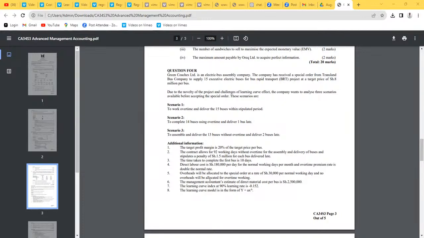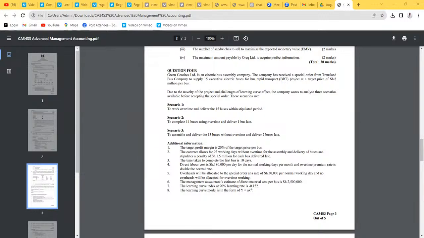The management accountant estimates direct material cost per bus at 2.5 million. The learning curve index is 90%, that is, learning rate is negative 0.152. I think that figure is now familiar.